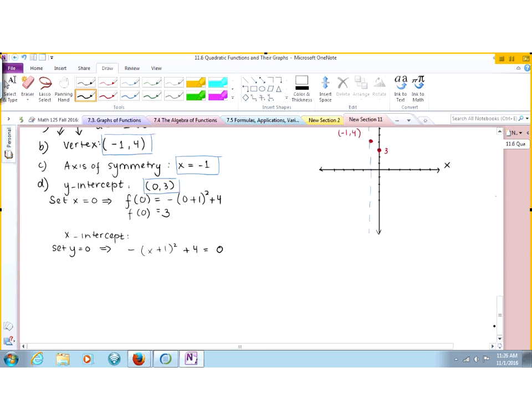Okay, good. Now what? How do I solve this? Subtract 4 from both sides. So negative (x plus 1) squared is equal to negative 4. Divide by negative 1. So (x plus 1) squared is 4.